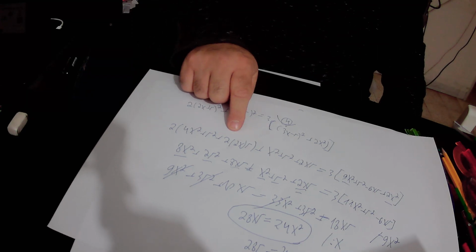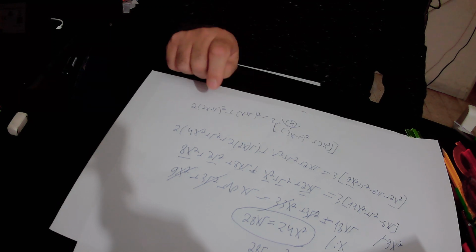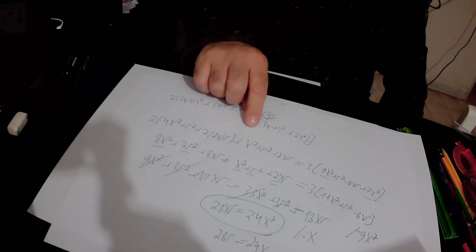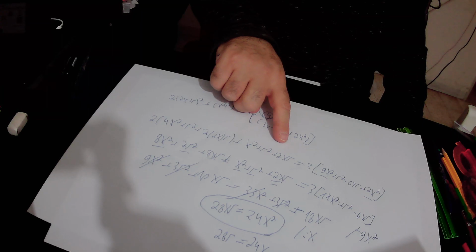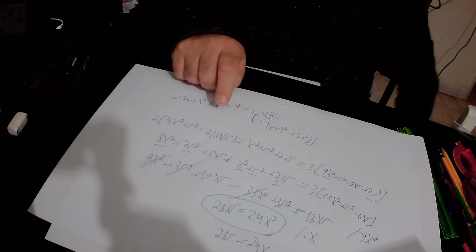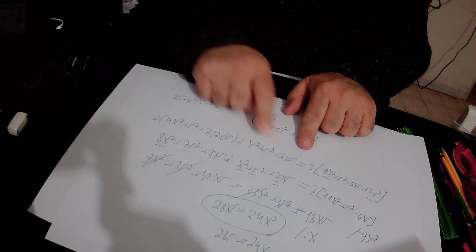Inside the brackets we have 2 times 2xr, that is 4xr. 4xr times 2 is 8xr plus x square plus R square plus 2xr. Here we have x square plus R square plus 2xr.